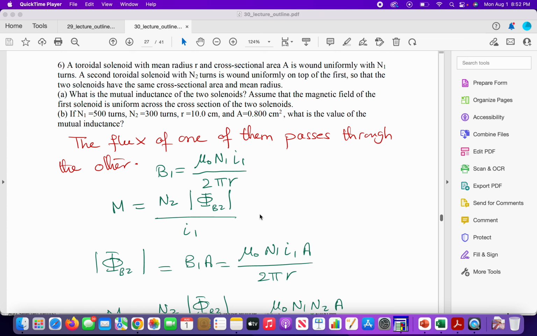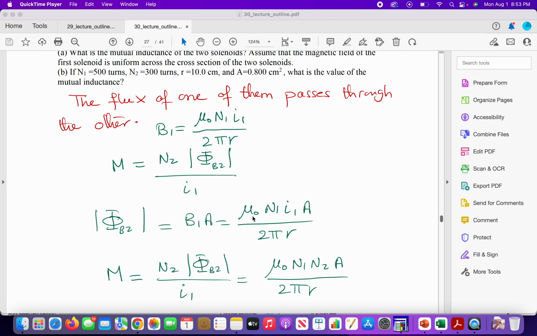And I will say also, we can say that the mutual inductance M is N2 times phi, the magnetic flux through 2, divided by I1. Here we can start calculating what the flux is.